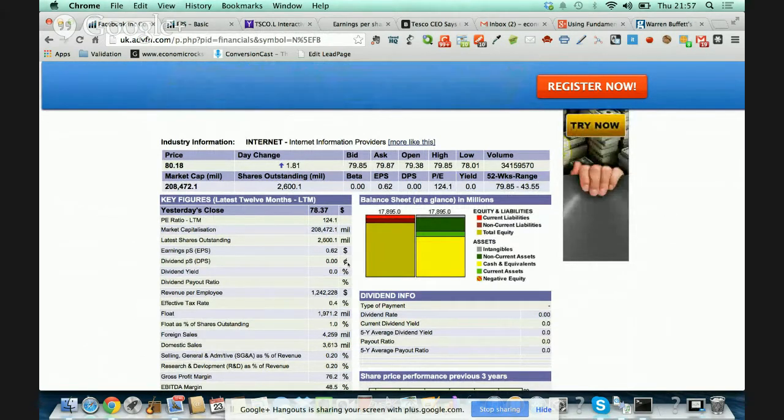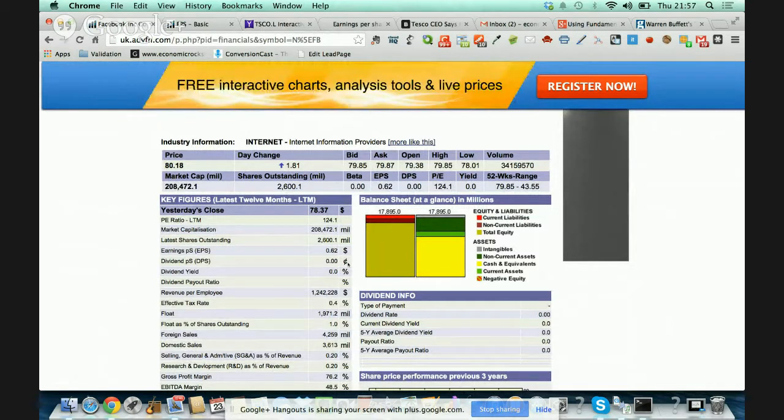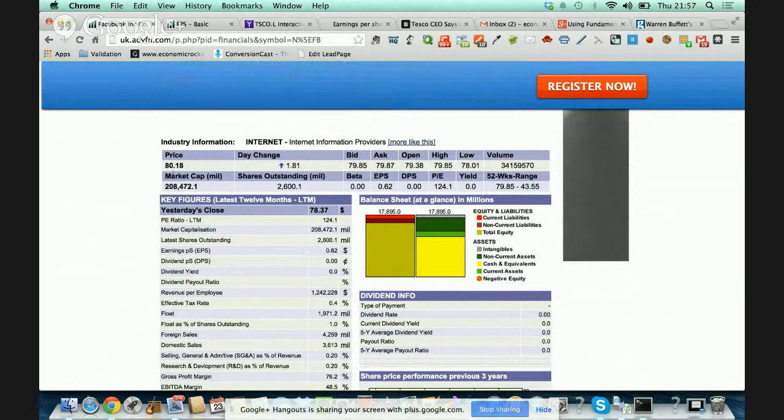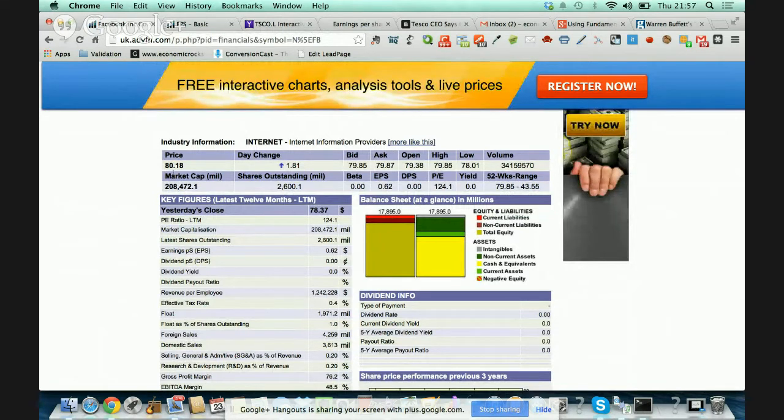So they should have been retaining those earnings. It's not legally obligatory, I suppose, to pay dividends. So again, for Facebook here, 62 cent divided into, okay, that's $80.